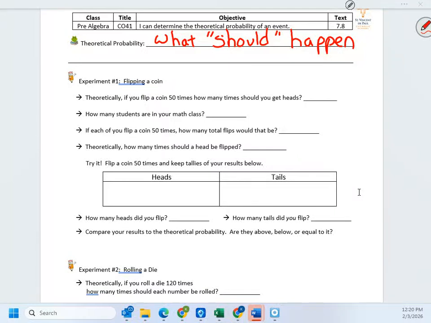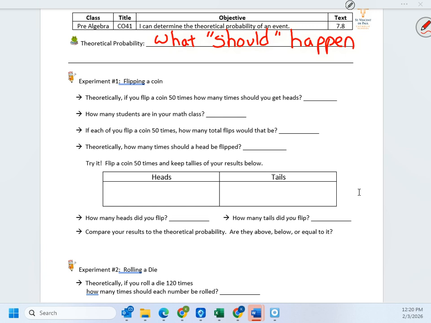What should happen? So our first experiment, looking at what should happen, is flipping a coin. So theoretically, if you flip a coin 50 times, how many times should you get heads?